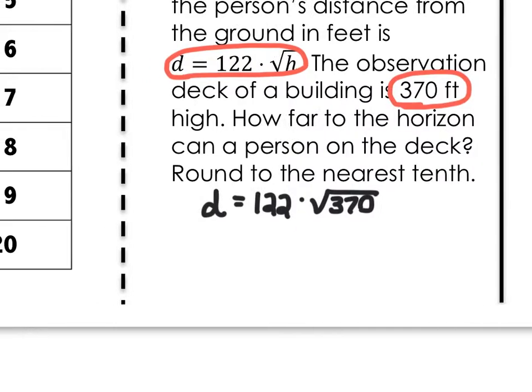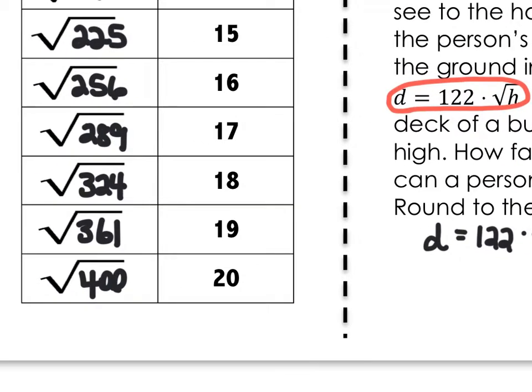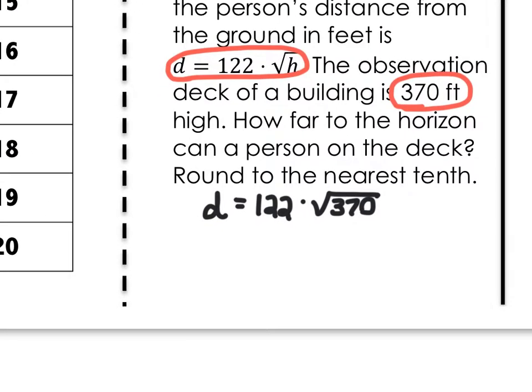We could estimate to the nearest whole number. Radical 370 is going to be about 19. But to round to the nearest tenth, I would let you use a calculator. So if you put radical 370 in the calculator, you're going to get 19.2 to the nearest tenth. So let's write that in there, 19.2.